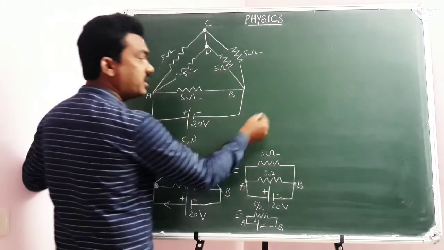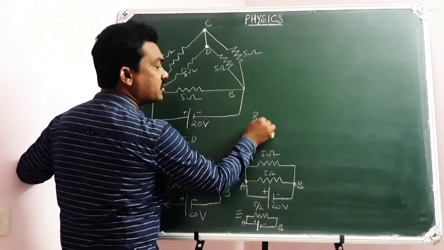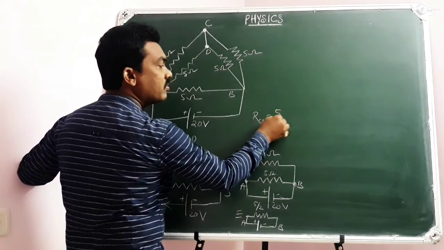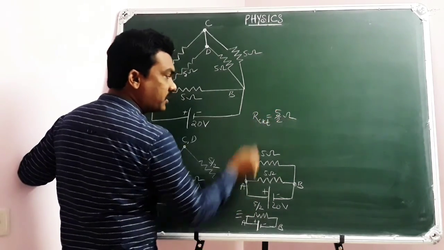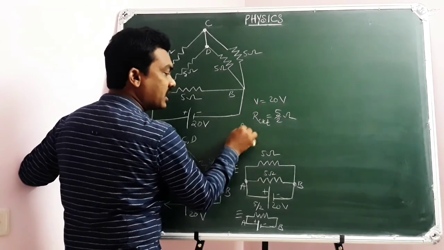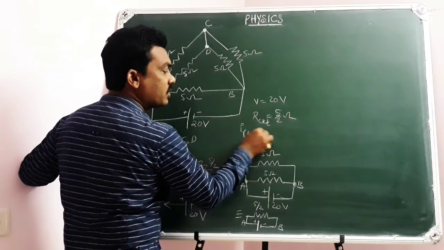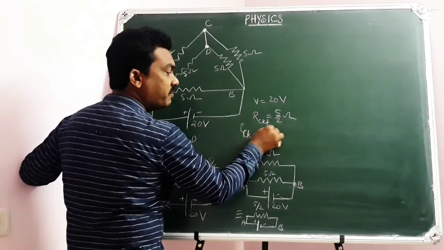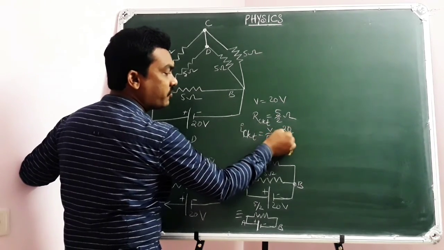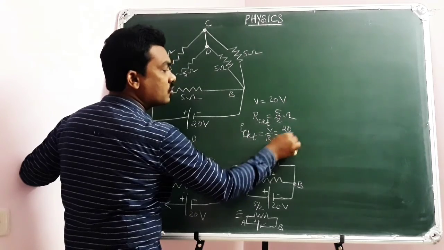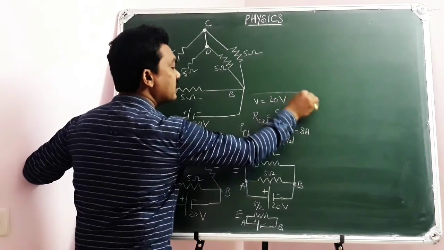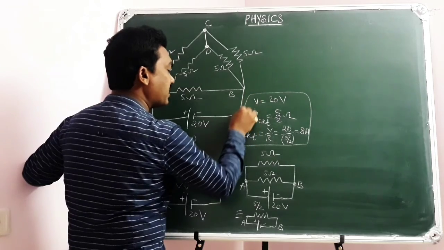So my final conclusion is circuit resistance will be 5 by 2 ohm, and the applied potential difference in the circuit is 20 volt. So the circuit current will be I equal to V by R. V is 20 volt, R means 5 by 2. Then this is going to be 40 by 5, which is 8 amperes. So this is the final conclusion part of the question.